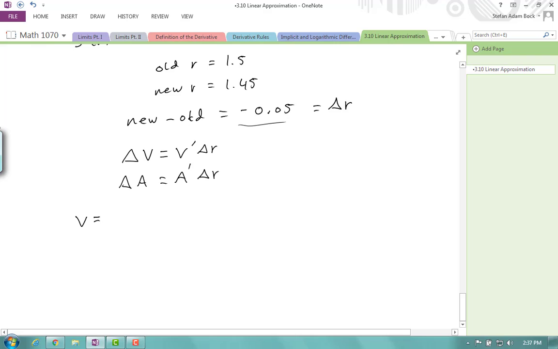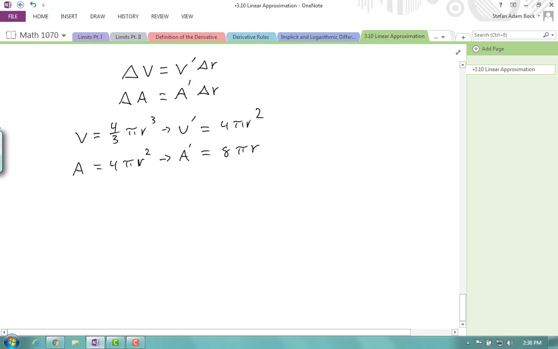The volume of a sphere is 4/3 pi r cubed. So V prime is equal to 4 pi r squared. The area is equal to 4 pi r squared, which is a nice coincidence with spheres, and its derivative is 8 pi r.